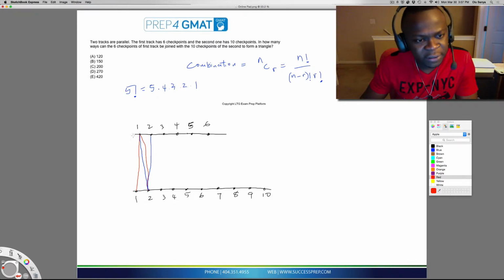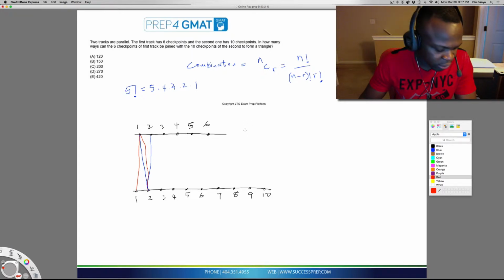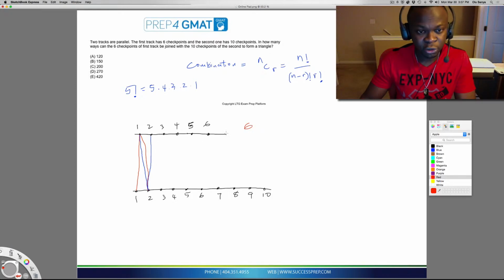So let's look at this first situation with the red one. In this red triangle, we're looking at this checkpoint of 6 and we're selecting 1 point from it. So you have 6 options that you could choose from, but you're only selecting 1. That's 6 combination 1.